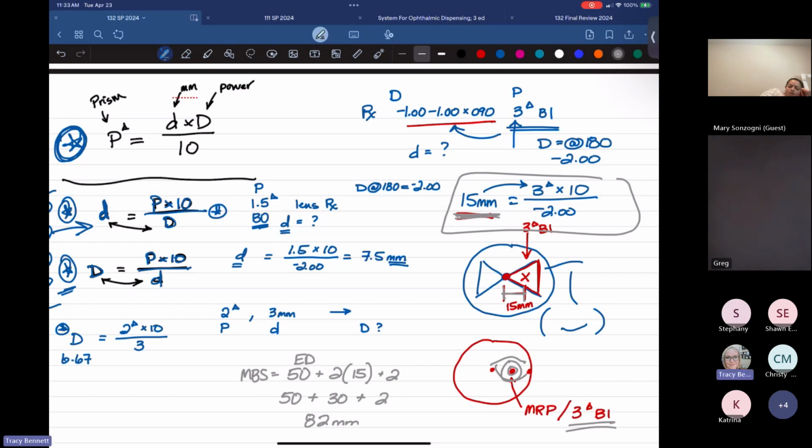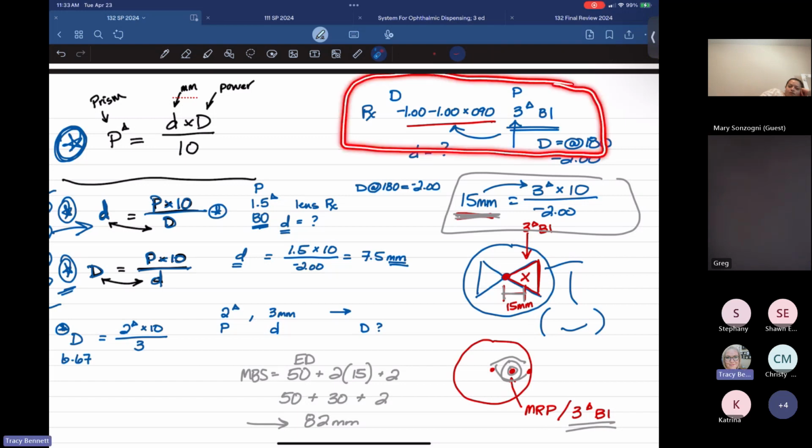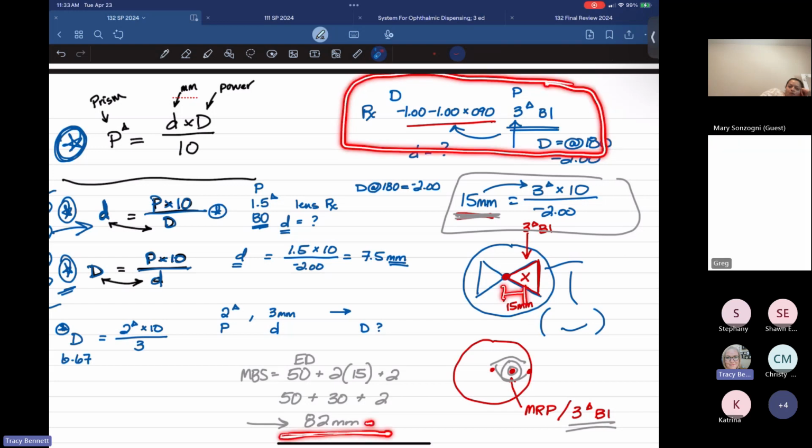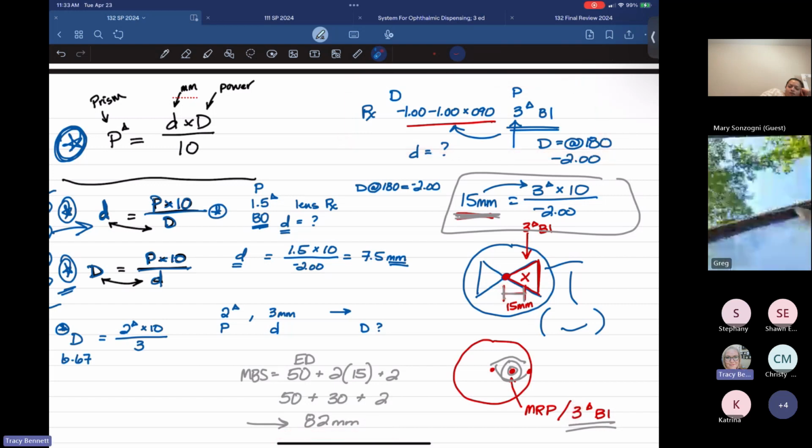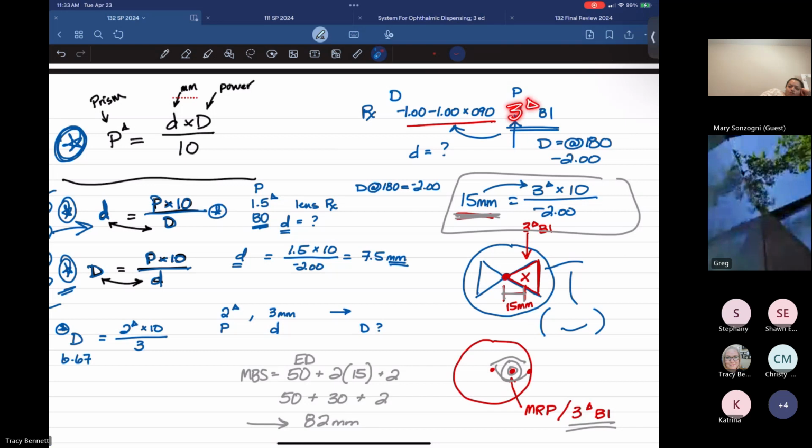And remember, they don't make them that big. So are we making this pair for them in an hour, or do we need to order it surfaced? We need to order it surfaced because this is not going to make cutout because of how far we need to move in order for them to be looking through that 3 diopters of prism that is prescribed.